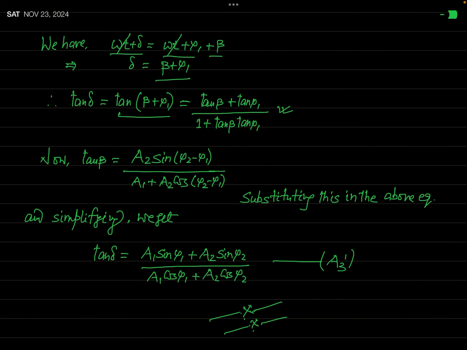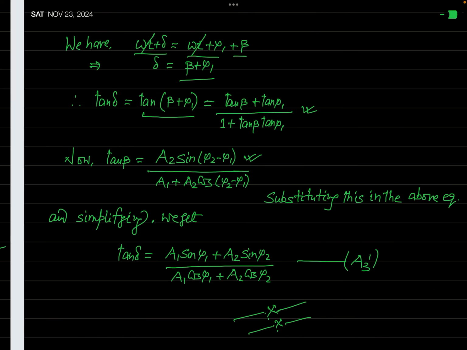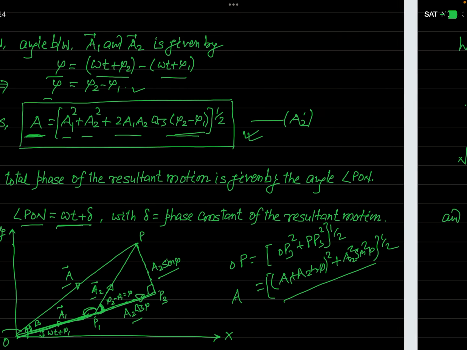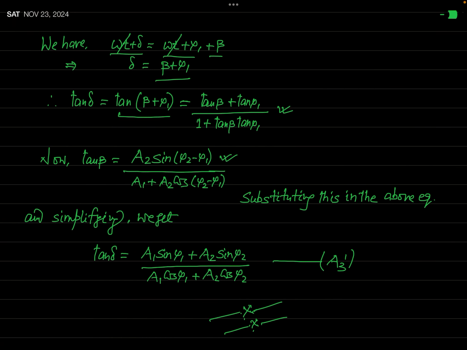But PP3, you know, is equal to A2 sin phi, but instead of phi I have written phi 2 minus phi 1, and divided by OP3, which is OP1 plus P1 P3. OP1 is A1 and P1 P3 is A2 cos phi. And instead of cos phi, you can write cos of phi 2 minus phi 1. So in this way, we can obtain the value of tan beta.